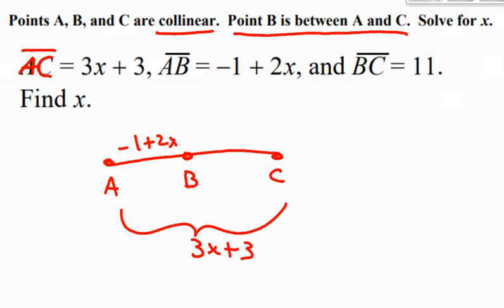And line segment BC is equal to 11. So similar concept to what we just did, except it was presented in a different way. But you're going to basically set it up the same as before. All right, so negative 1 plus 2x plus 11 has to equal 3x plus 3. And then I think you could do the math from there.